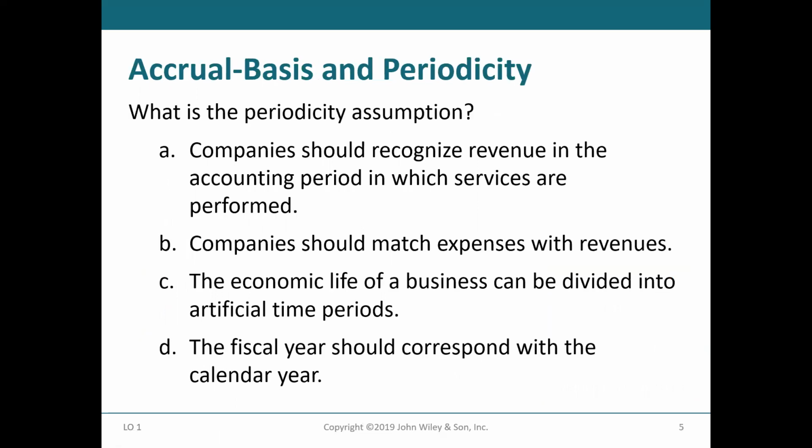Accrual basis, periodicity. Companies recognize revenue when the services are performed or when the sale is made. And this is all an attempt to match revenues and expenses. There's a matching principle. The matching principle matches revenues and expenses. And under this periodicity term, the economic life of a business can be divided into, they're calling them artificial time periods, months, quarters, years.